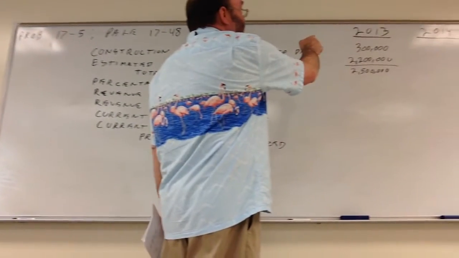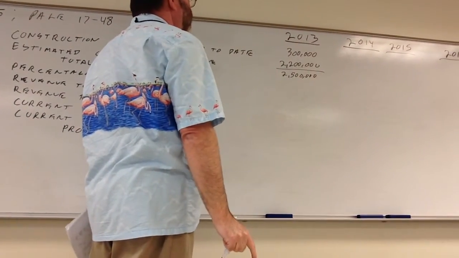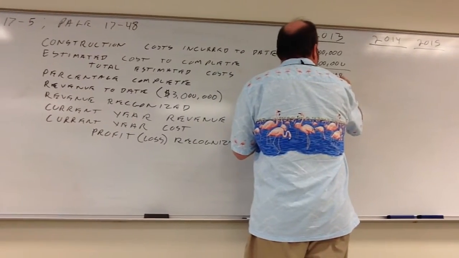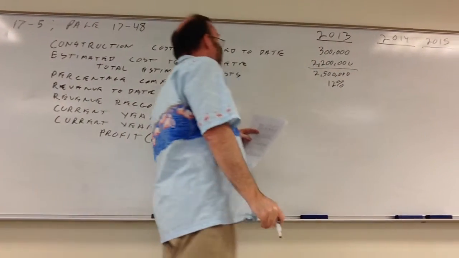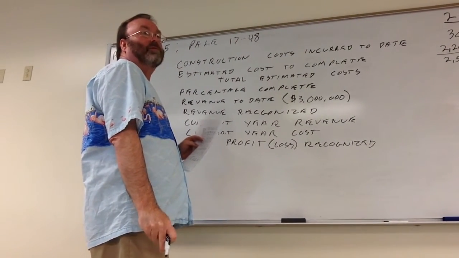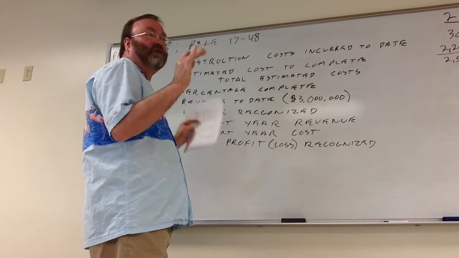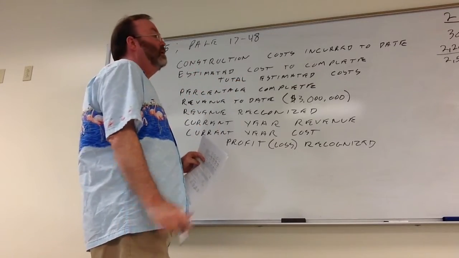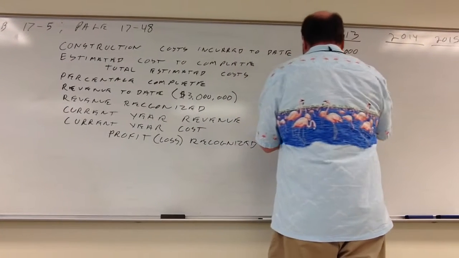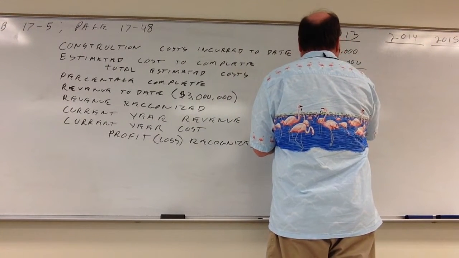If we divide the $300,000 incurred by the 2.5 expected, we get 12% complete. We've spent 12% of the expected total. 12% of $3 million is $360,000.